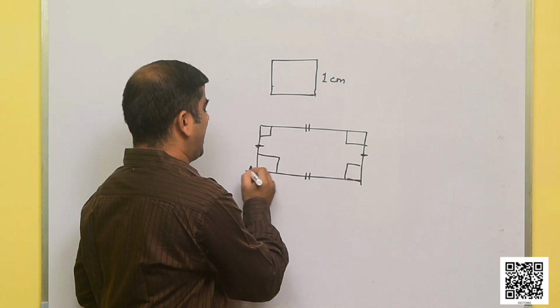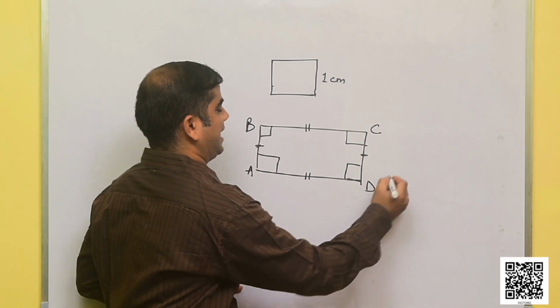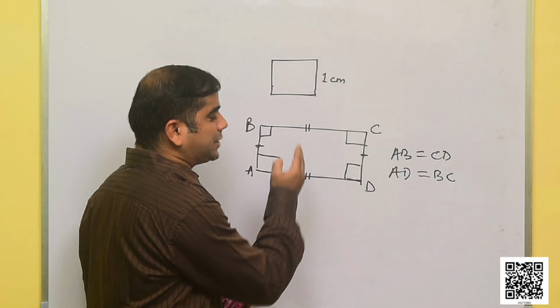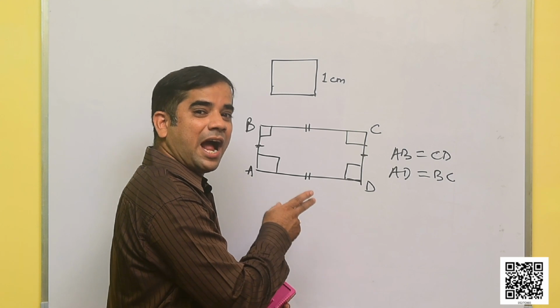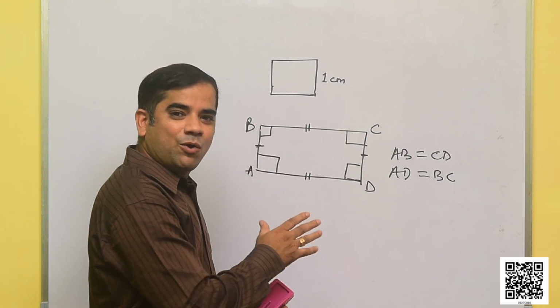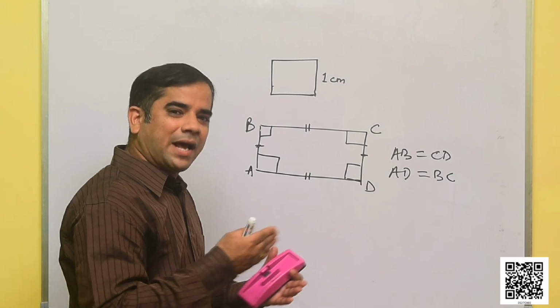That means if I name it A, B, C, D, in this case AB is equal to CD. The opposite sides AB and CD are equal and parallel to each other, BC and AD are equal and parallel to each other. What does it mean by parallel?